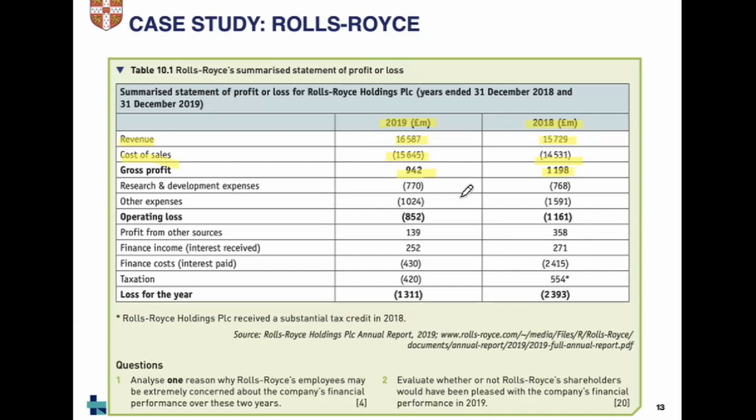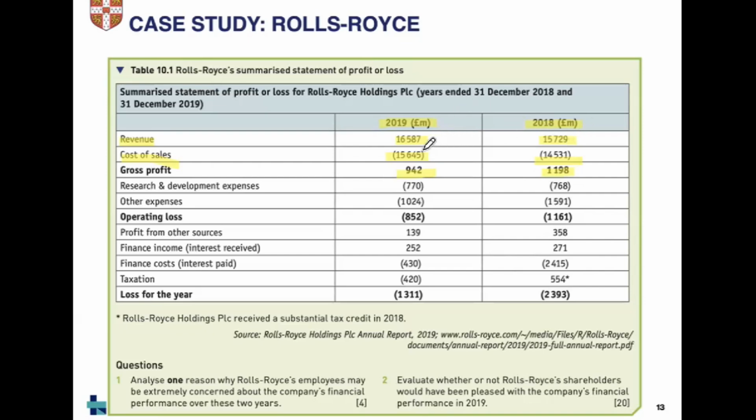I don't know. Oh, it's very simple. There are three numbers here. There's the revenue, there is the cost of sales, and then there is the gross profit, right? Revenue, cost of sales, gross profit. In one year, the gross profit is higher than another year, even though the revenue in that particular year is higher than the revenue in the previous year.